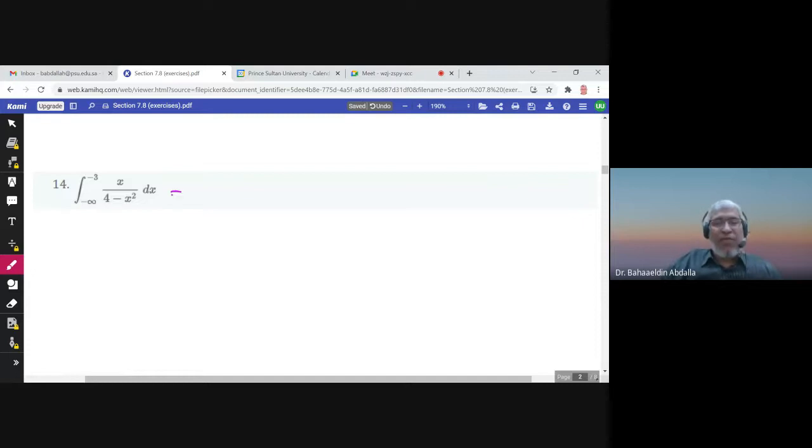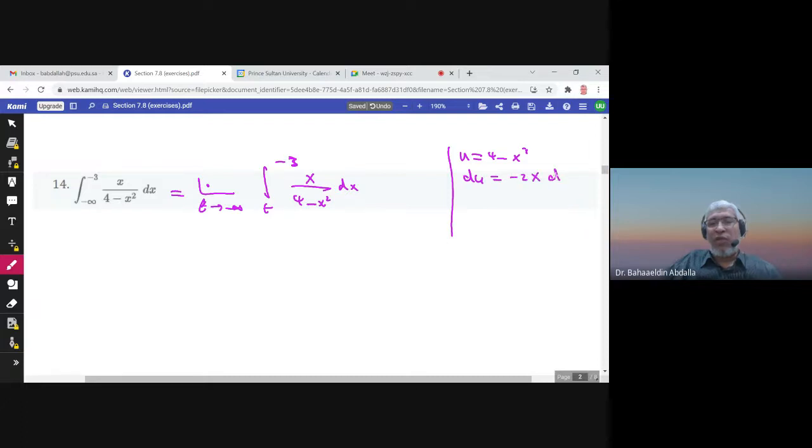This is again an infinite limit, and we define it as the limit when t goes to negative infinity, and we replace negative infinity by t. Now to find this integral, I let u equals 4 minus x squared by substitution, and du would be negative 2x dx. So it would be the integral from t to negative 3.